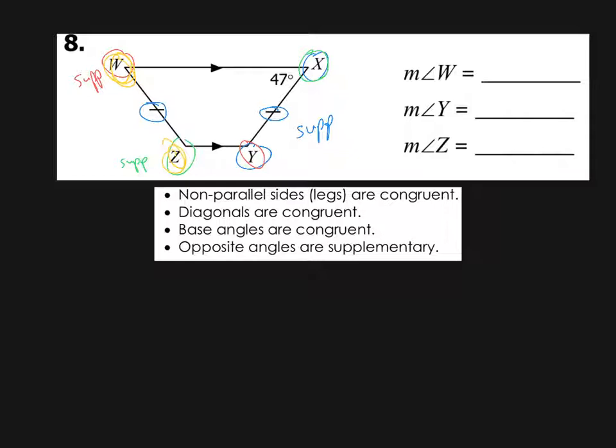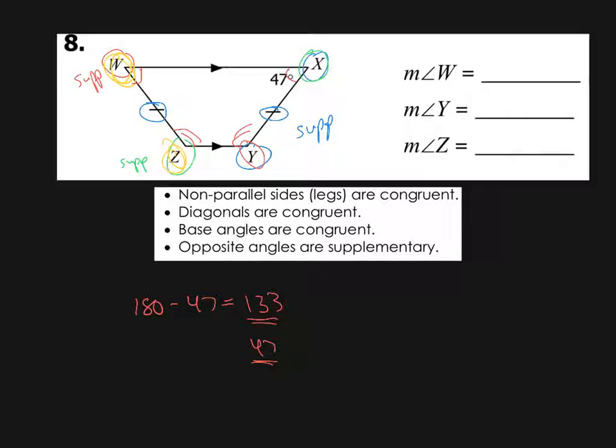I also know that, and it's really simple, these guys are congruent, and these guys are congruent. So all I need to do is just subtract 47 from 180, and I'll have the other value. So 180 minus 47 gets us 133. Now, 133 goes in 2 places, and 47 goes in the other 2 places.